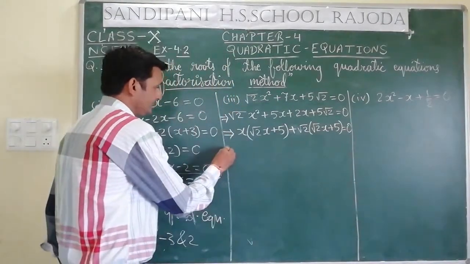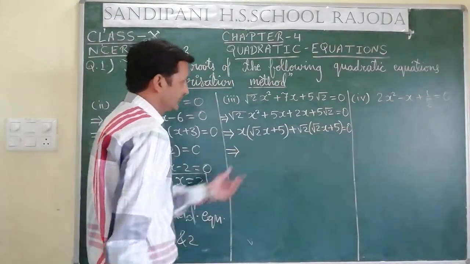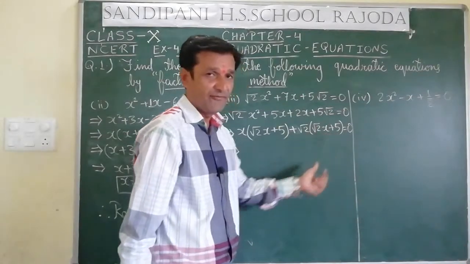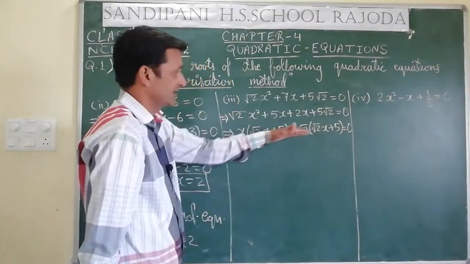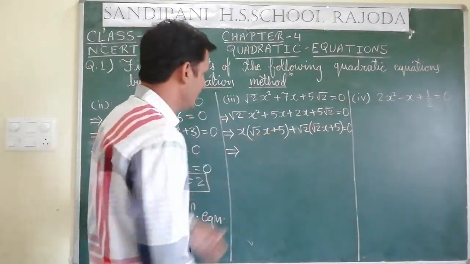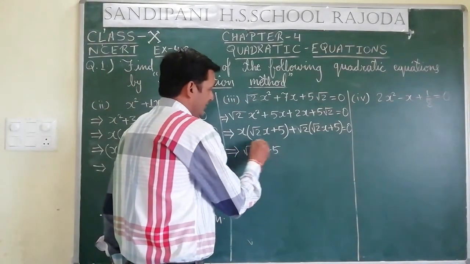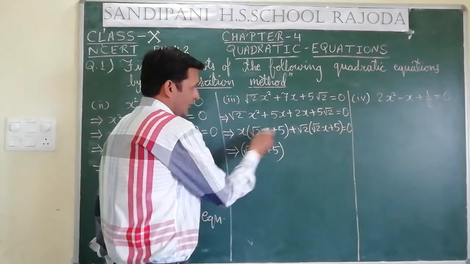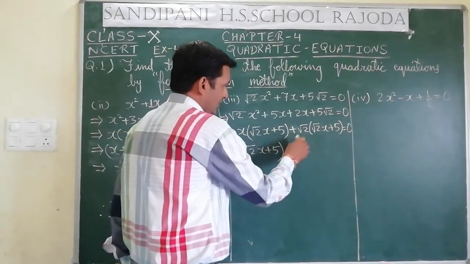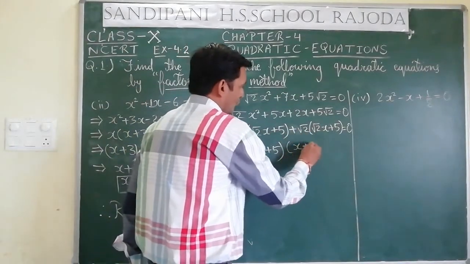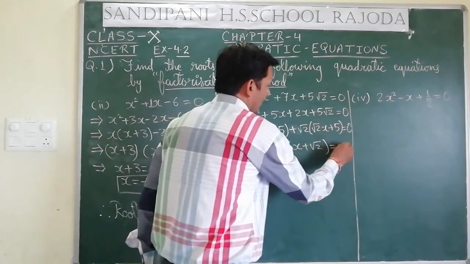Now, the common term is root 2x plus 5. Of course, it is clearly mentioned here that root 2x plus 5 is the common term. Now, the remaining terms are x plus root 2. So x plus root 2 is equal to 0.